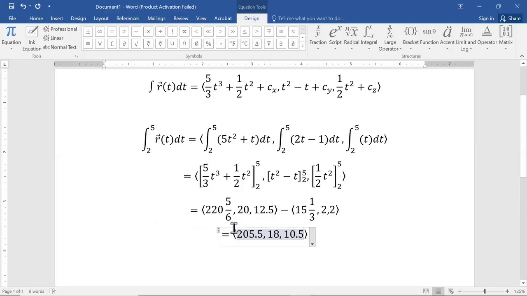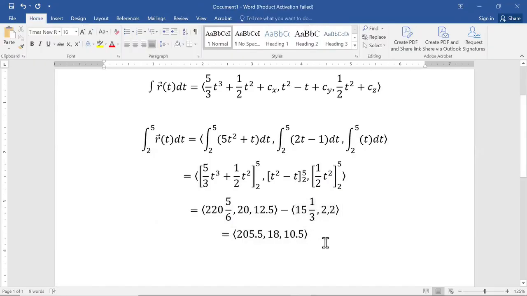So that is one option for writing my vector for the notation. Some people like that. It's basically I plug in the 5 into all 3 components, get a vector, and then plug in the 2 into all 3 components, get another vector, and subtract.